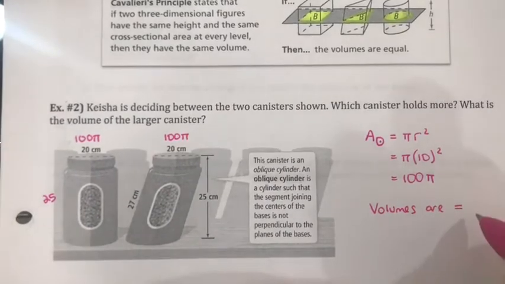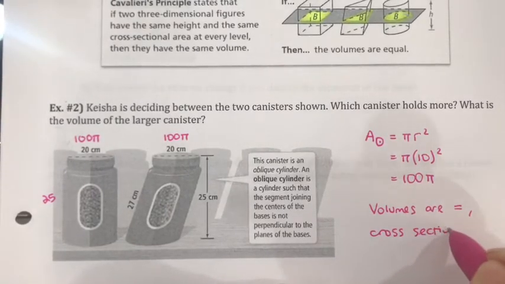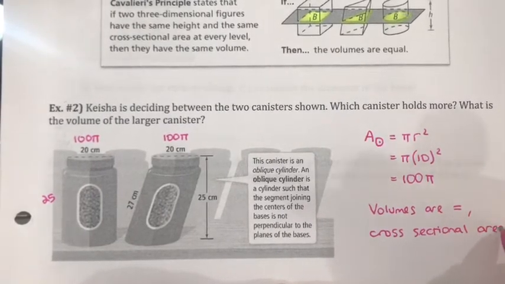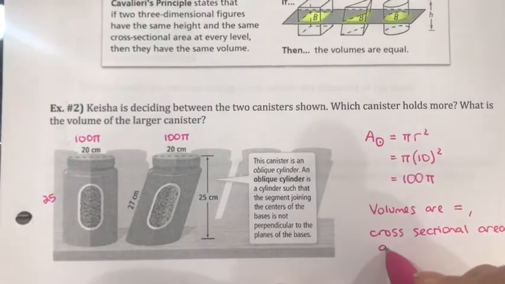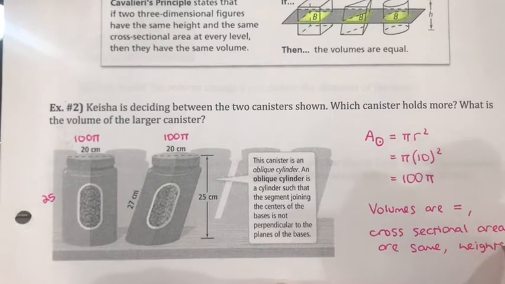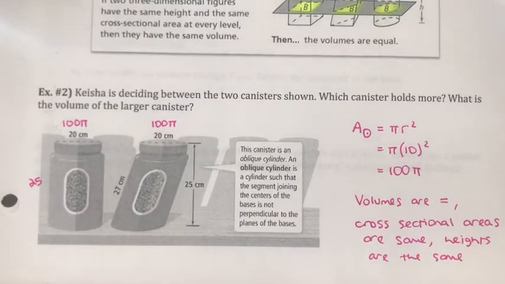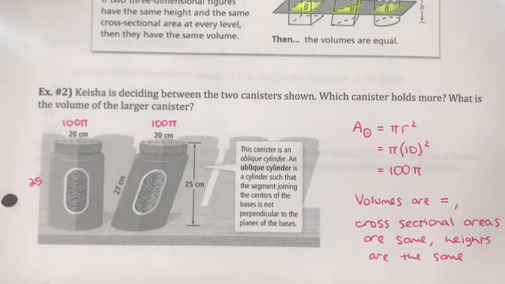Okay, and that's because the cross-sectional areas are the same and heights are the same. So that tells us that these two jars both have the same volume.